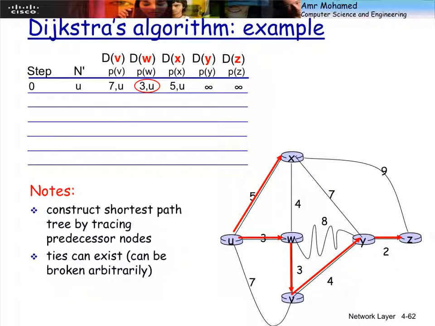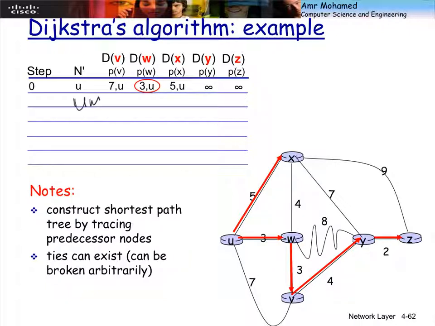Okay? So it's clear that between all these nodes that we need to add W. So next step we will have here U and W. Okay? And then we need to calculate the new costs, but given that now we have W in the picture, it's not only U. So when we calculate the cost of all the other nodes, now we can see whether we can reach it from U or W. Okay?